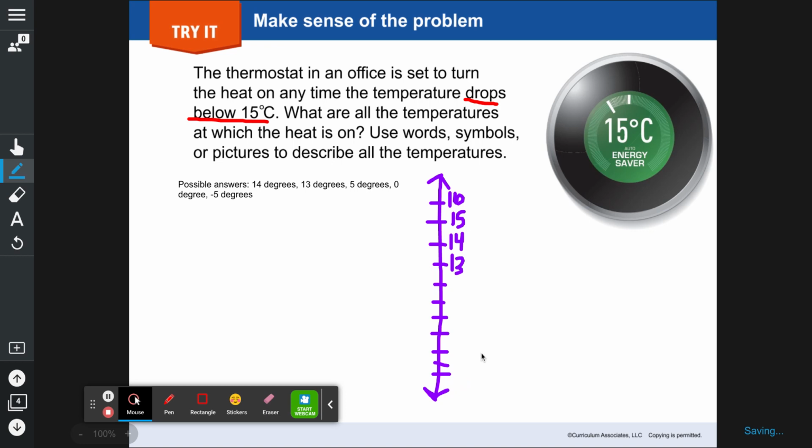So it could be anything that is below 15. That would be any of these values right here, correct? And it could keep going because it's a straight line and it goes forever in both directions. So anything that is less than 15 degrees, that heat's going to turn on.